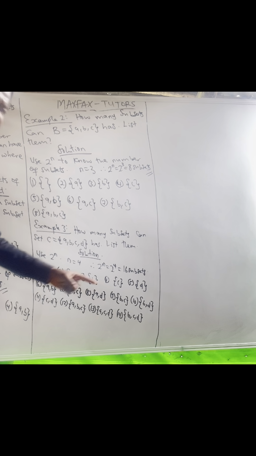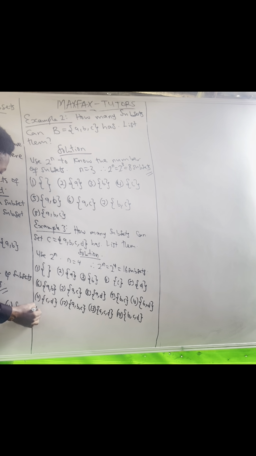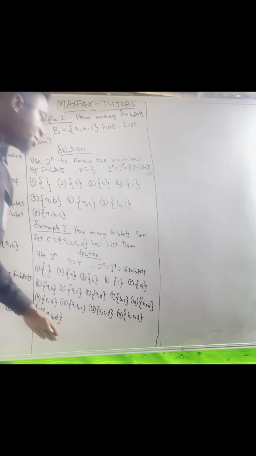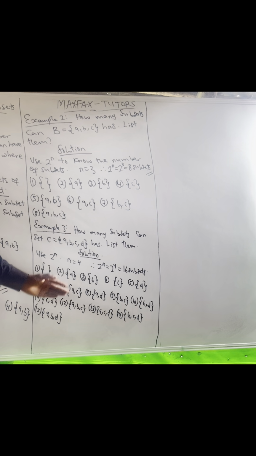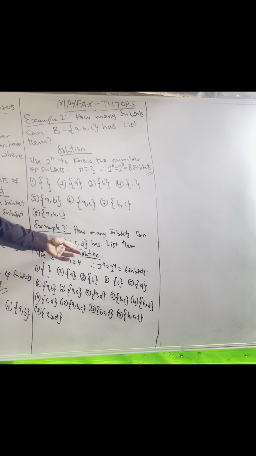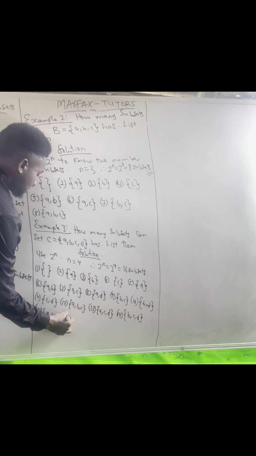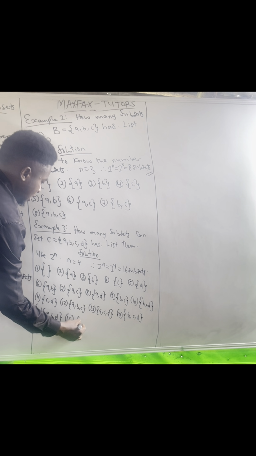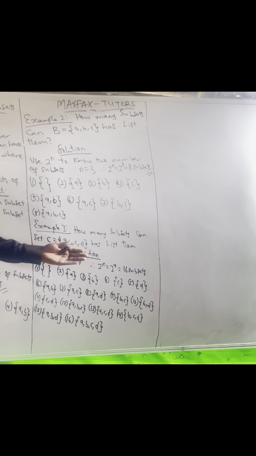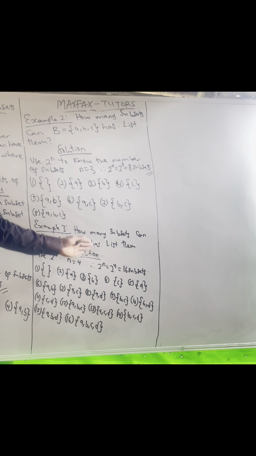Look at this very well. Have we done ABD? No, we've not done ABD. Then number 15, ABD. So you're going to see that out of everything we have paired here, we did not repeat the same thing. Do you get that? So we are done with three elements. It remains 1. Then number 16. A, B, C, D. So these are the 16 subsets that we can have for this set C.